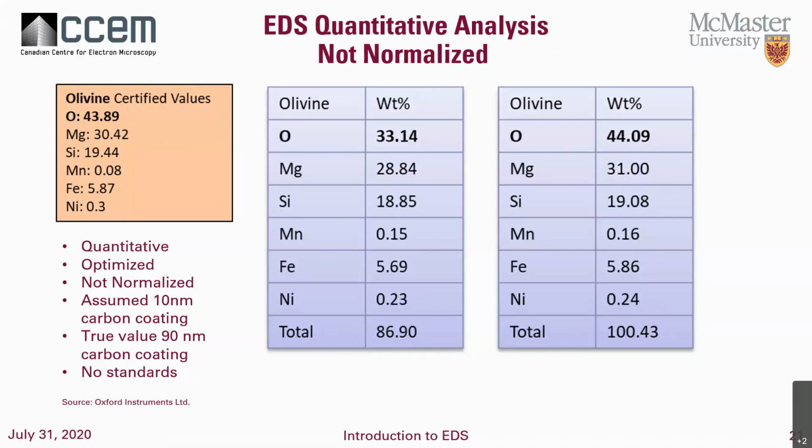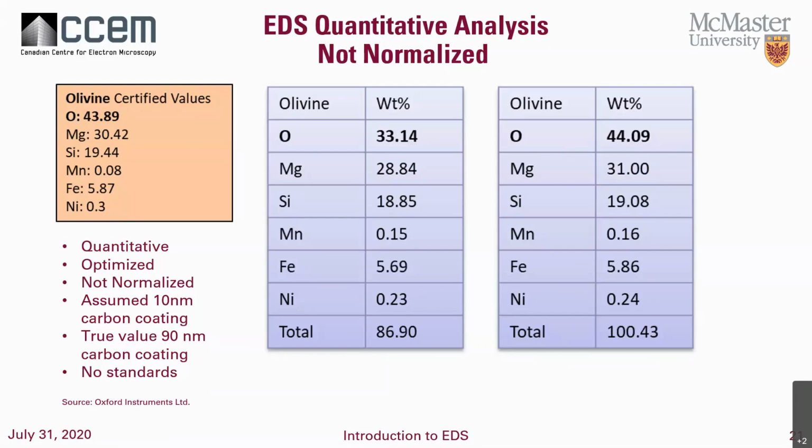The absorption problem is the fact that we have assumed that the carbon coating is 10 nanometers, and we've corrected based on that. But in fact, the true value of the carbon coating on the sample is closer to 90 nanometers.